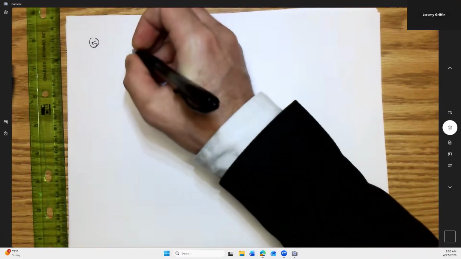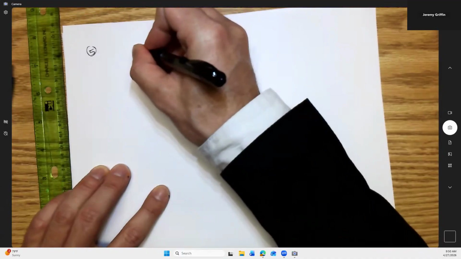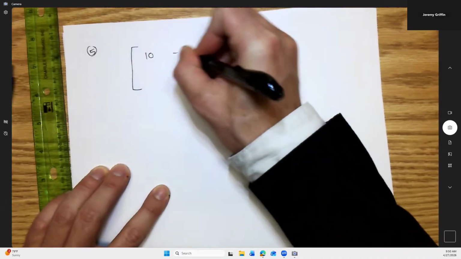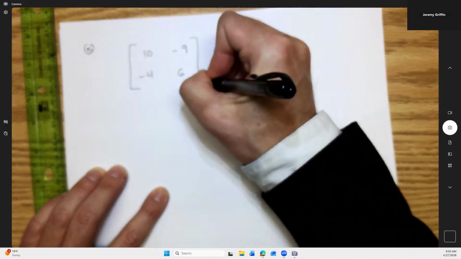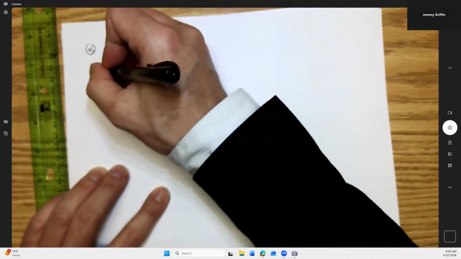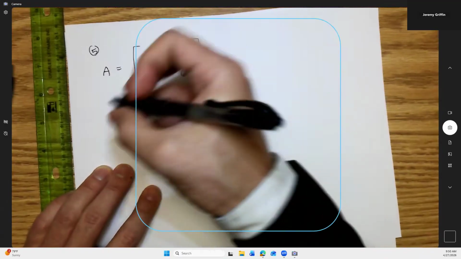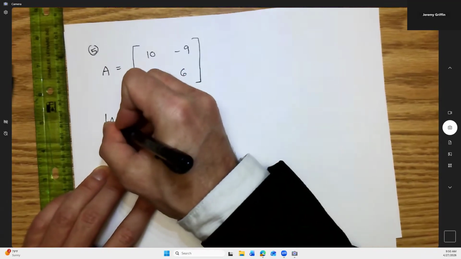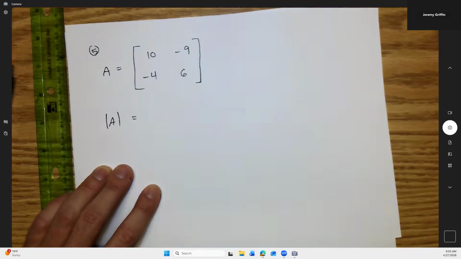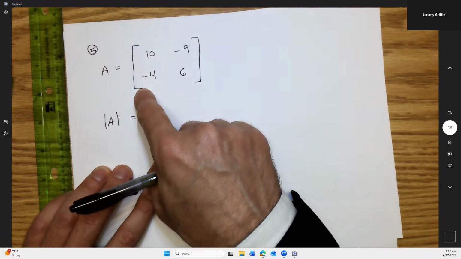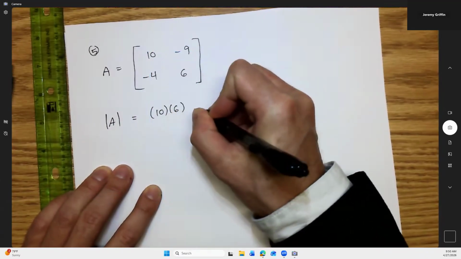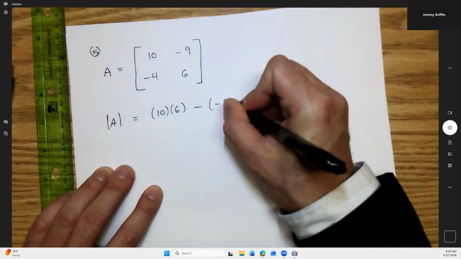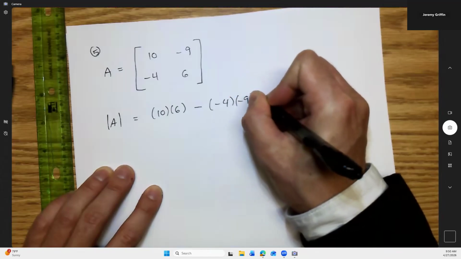So number 5, we got to find the inverse of 10, -9, -4, 6. Here, I'll call this matrix A. One thing I've got to find is the determinant of A. You guys remember how to find the determinant of a 2 by 2? I'm going to go 10 times 6, and then subtract -4 times -9.